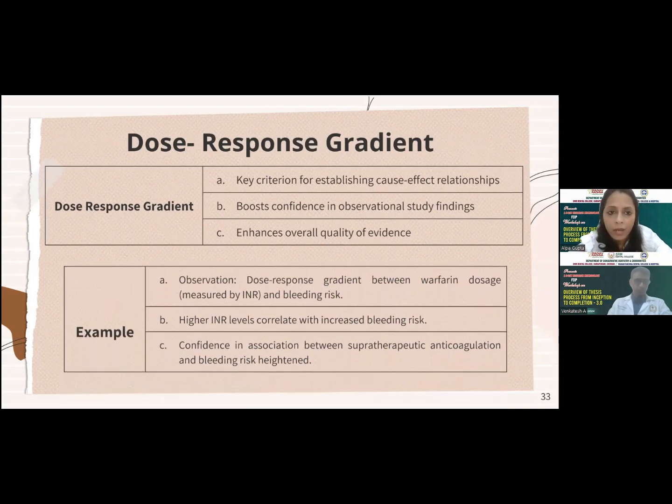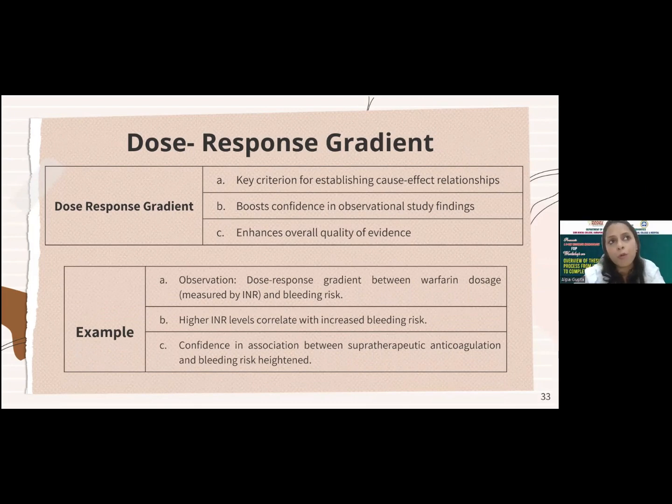Lastly, the last factor to be considered is the dose response gradient. The studies which give the results with the dose are definitely of high quality of evidence. For example, if we are seeing the dose response gradient between warfarin, measured by INR, and the bleeding risk.